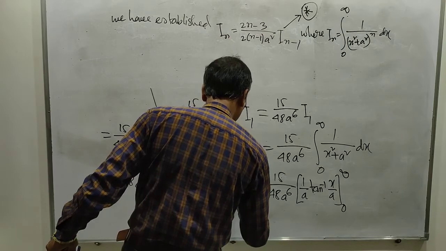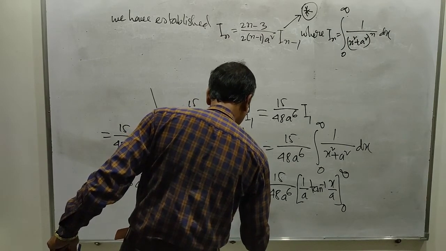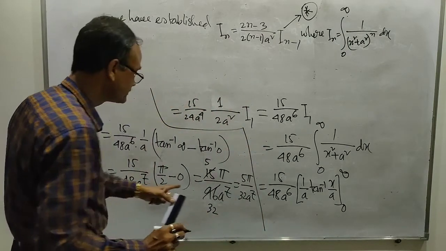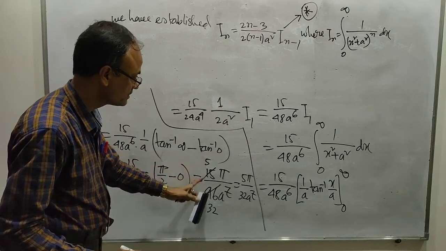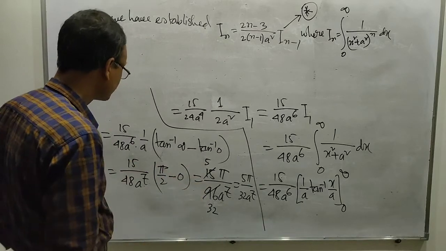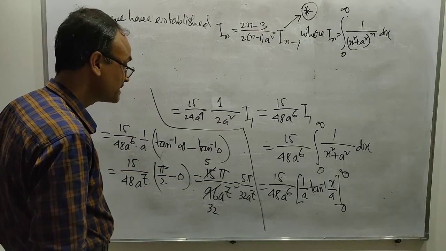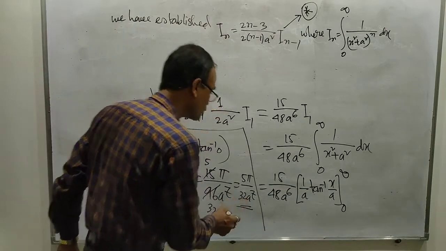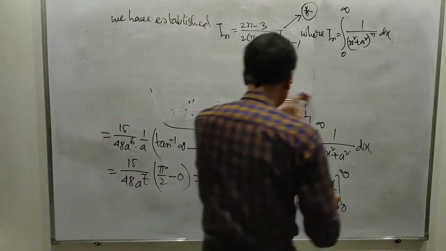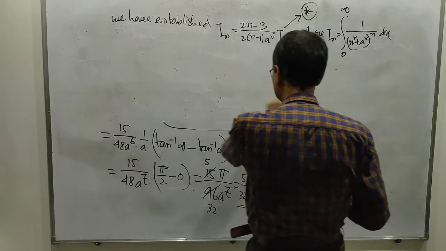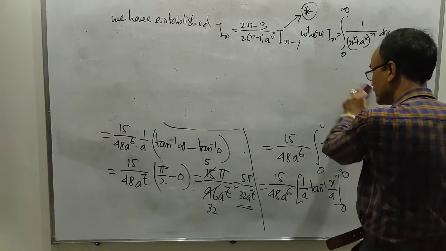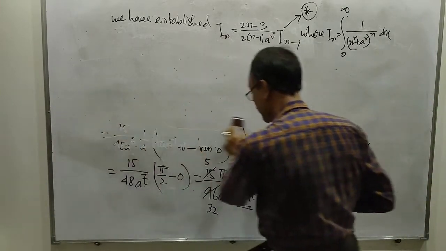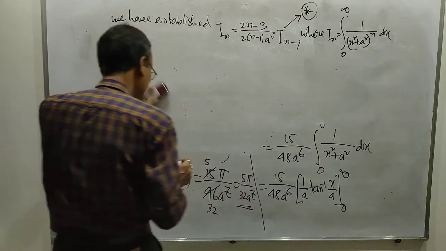This is equal to 5 pi by 32 a to the power 7. Yes, 5 pi by 32 a to the power 7. Alternatively, just check it by doing it alternatively.